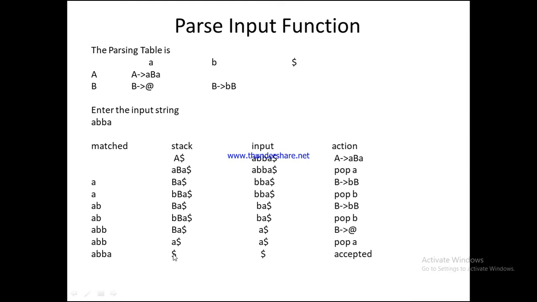Finally, if we have a dollar on both the input and the stack, then the given string will be accepted, otherwise the given string will not be accepted. So all of you know this particular concept. Now we are writing the program for the same concept.